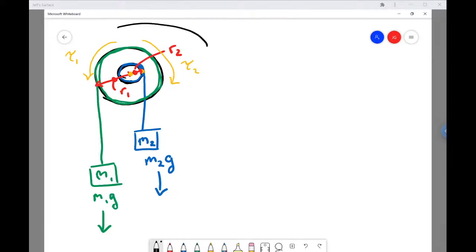So let's call the clockwise rotation positive. What matters isn't the individual torques, but the sum of the torques. So that net torque is going to equal tau 2, which is positive, minus tau 1, which is negative.